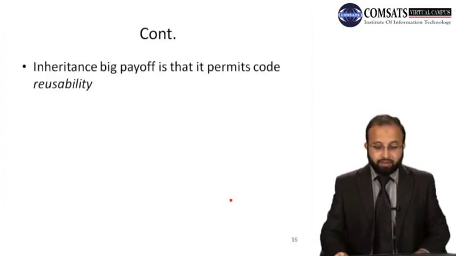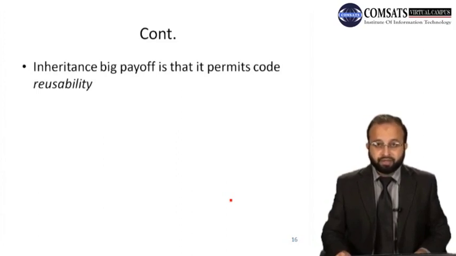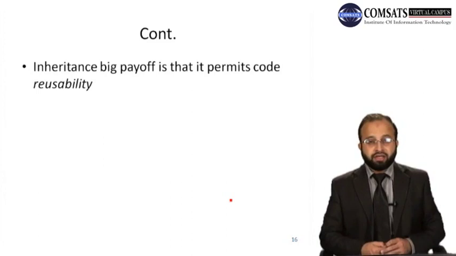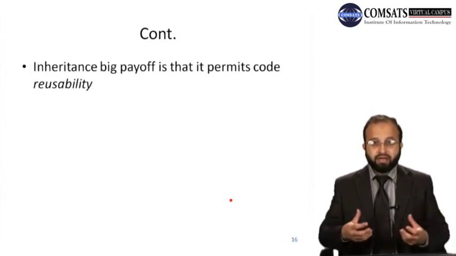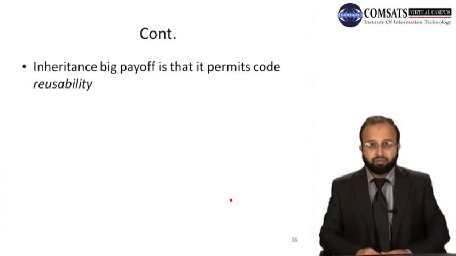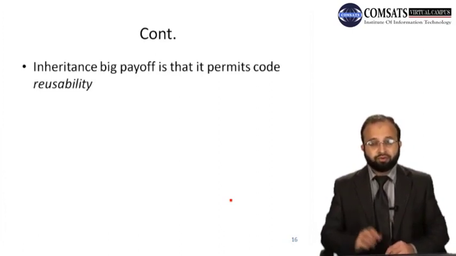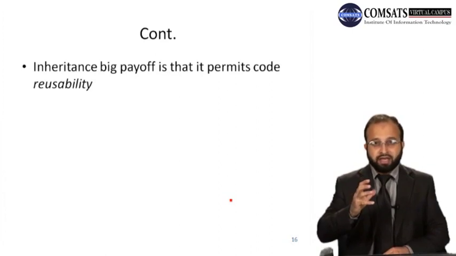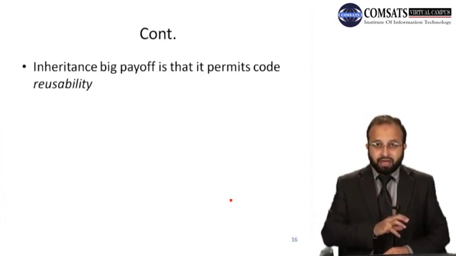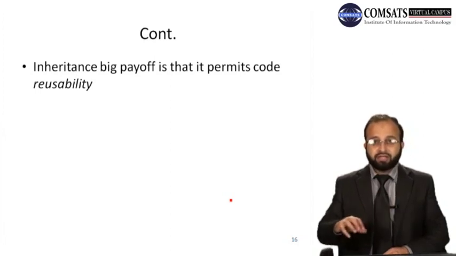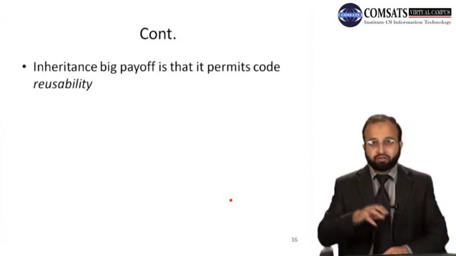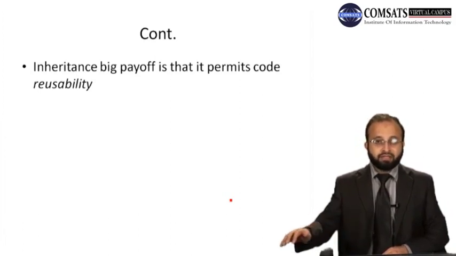In inheritance, the big payoff is that it permits code reusability. कोड रियूजेबिलिटी किस तरह से कि instead of writing, दुनिया में जितने भी vehicles हैं उसके कुछ common characteristics, common behavior, common attributes होंगे. So we put those attributes in the vehicle class and then we inherit or derive other specialized classes, for example car, truck, bus, trailer, motorbike, bicycle.